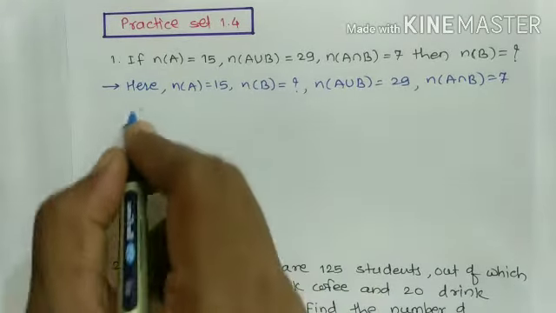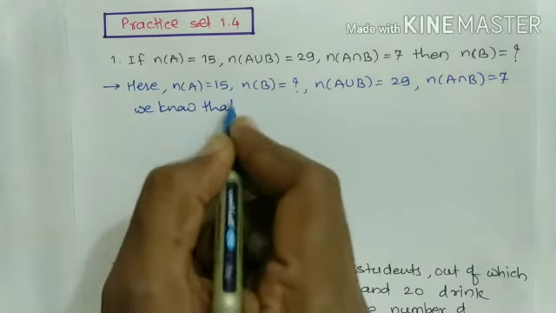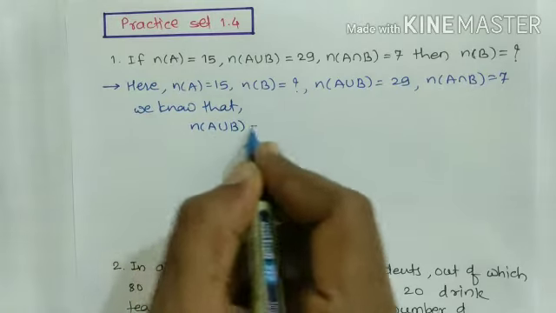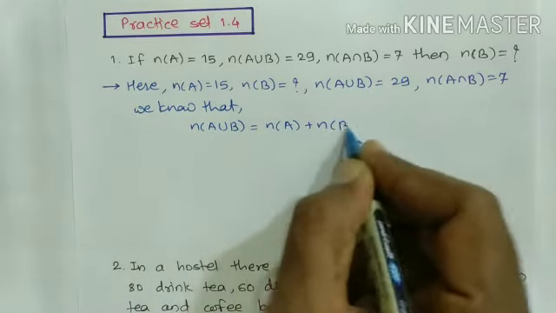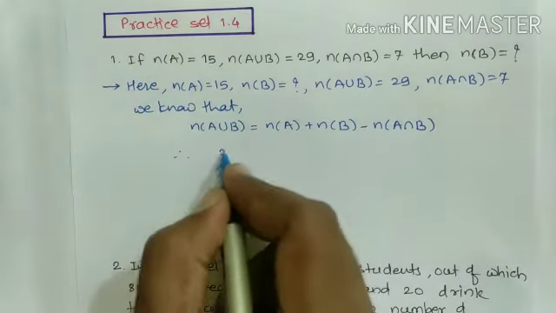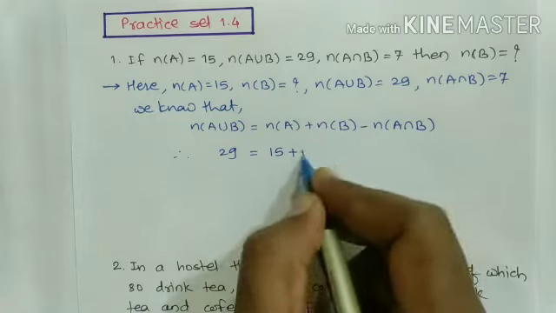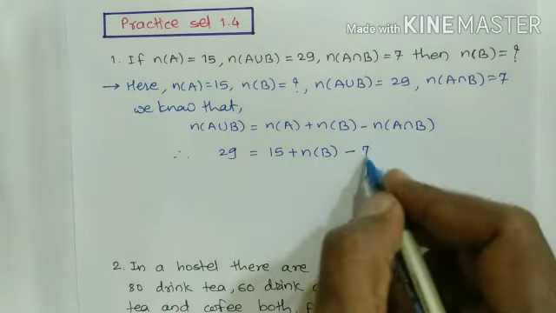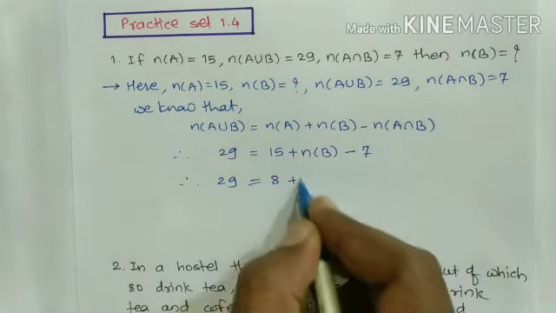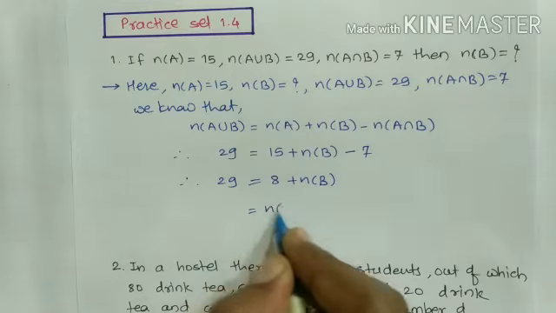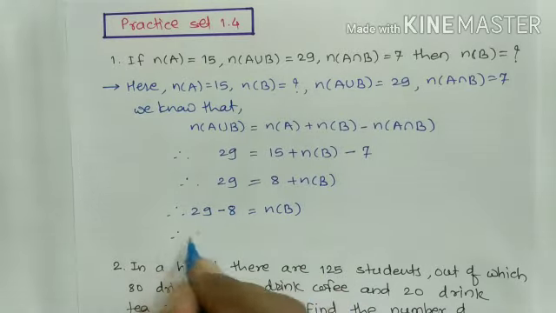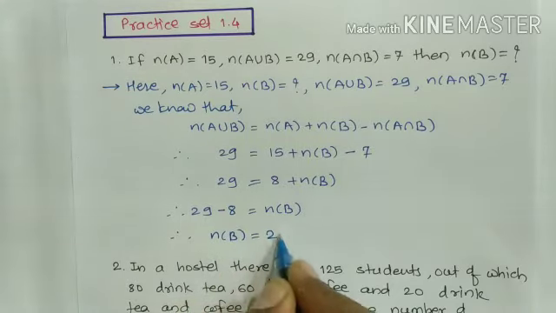Now we know the relation between this number of A, number of B, number of A union B and number of A intersection B, that is number of A union B equals to number of A plus number of B minus number of A intersection B. And therefore here number of A union B equals to 29, number of A 15, number of B find करायचं आहे, A intersection B 7, and 15 minus 7 equals to 8 plus number of B, therefore number of B equals to 29, हे plus 8 आहे, साइड चेंज केल्यावर minus 8 होईल, 29 minus 8 equals to 21, therefore number of B equals to 21.